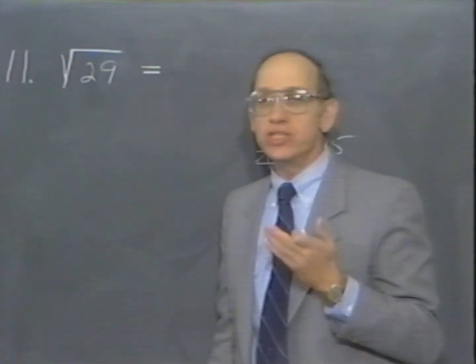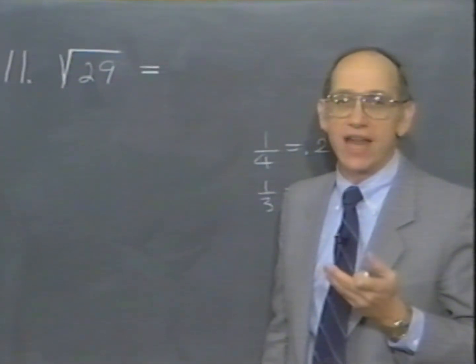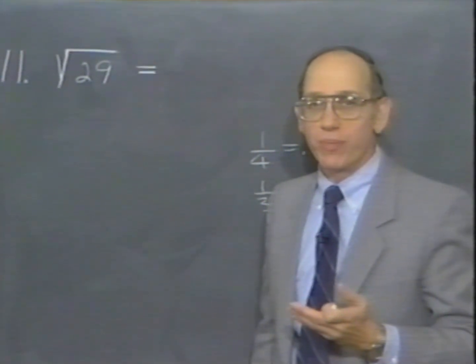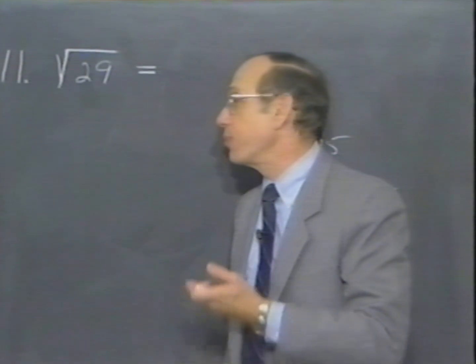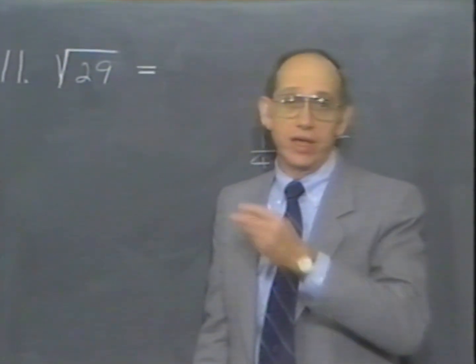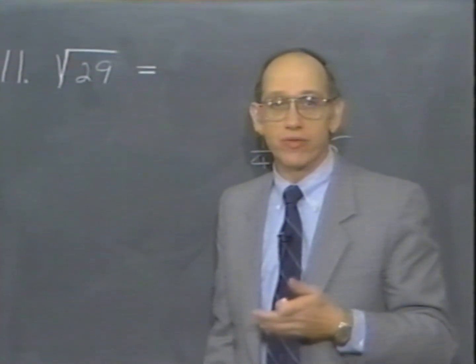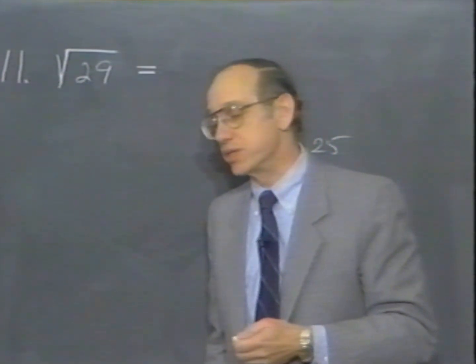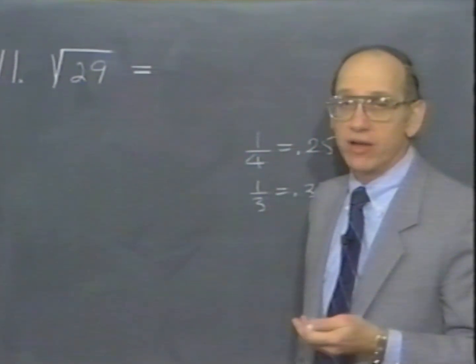Well, of course, the easy way to do it is to use some kind of mechanical aid. For example, there are tables of square roots. You look up the number 29 in the table, and in the table is printed the square root of 29 to a certain number of decimal places. Or you could use a calculator.